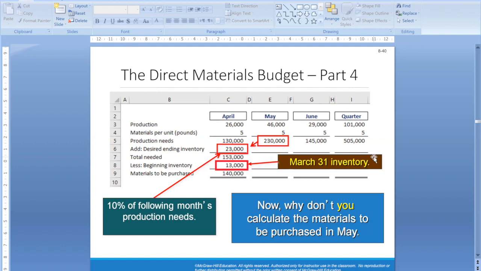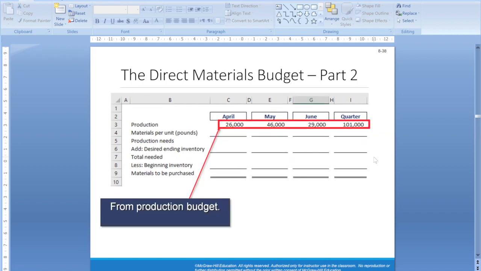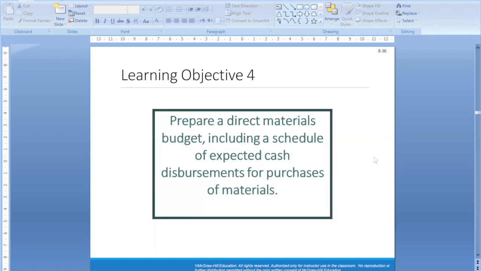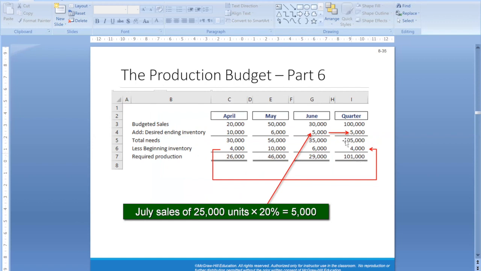So I will go back just to see, do we have anything in the production? No, the production gives you how many units of finished goods, but also we didn't prepare the July production budget. So first we need to prepare the July production budget, and then I will use this budget to prepare the materials needed for June.